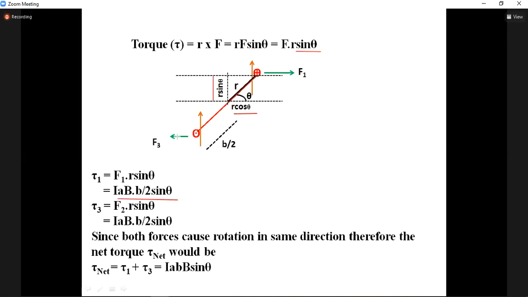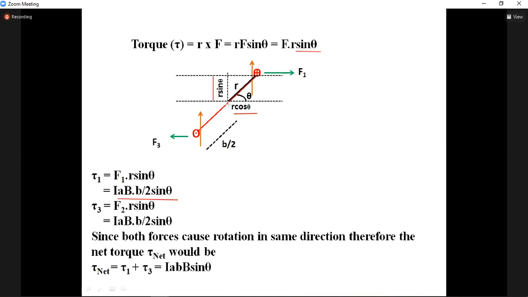In the same way, at the bottom end, again the moment arm is from this point to the center of rotation, and again there are two components here. One is R cos theta, the other one is R sin theta. So which is the perpendicular?